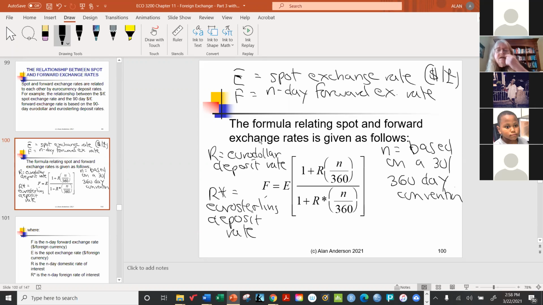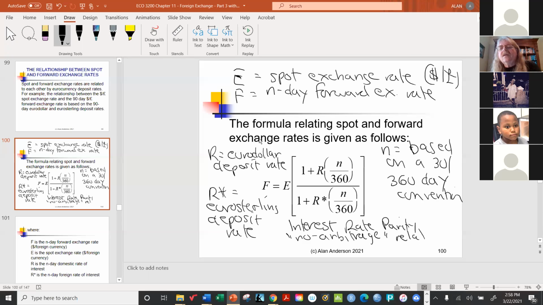Anyway, so everything's covered here. So this is the exchange. Now, this is what we mean by interest rate parity. When you hear the term interest rate parity, it refers to this equation. And unlike many other parity equations, this one we call a no arbitrage relationship, because if it is violated, that means traders can earn arbitrage profits.